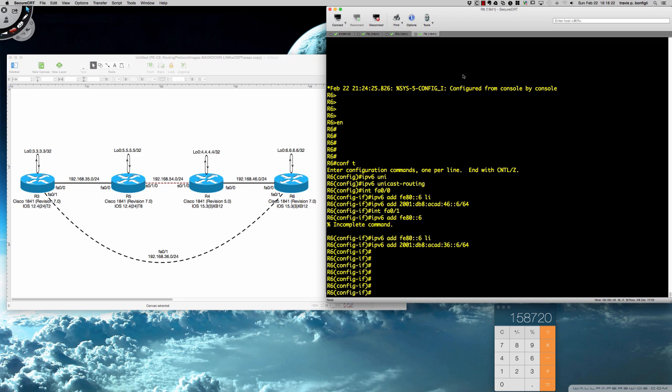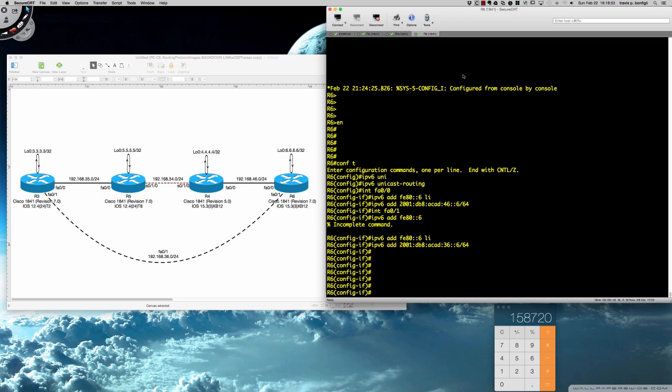So when we talk about EIGRP for IPv6, make sure that you note that the source address for the packets is going to be the link local. This is for the EIGRP messages that are being sent. The source address is the IPv6 link local address on the exit interface, right? Not the global address that we've configured starting with 2001. It's going to be the link local address.